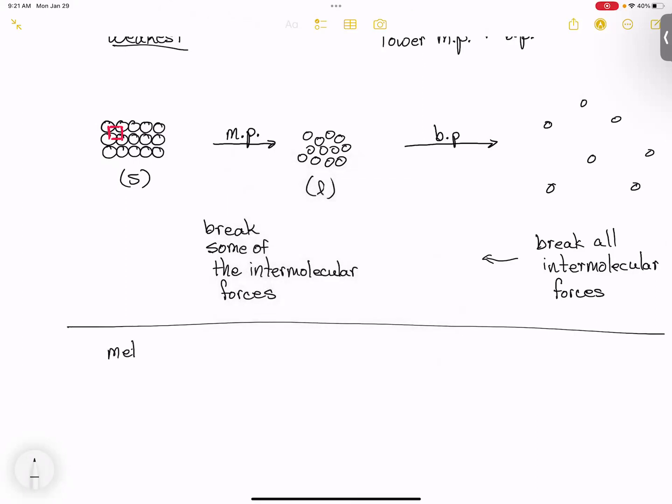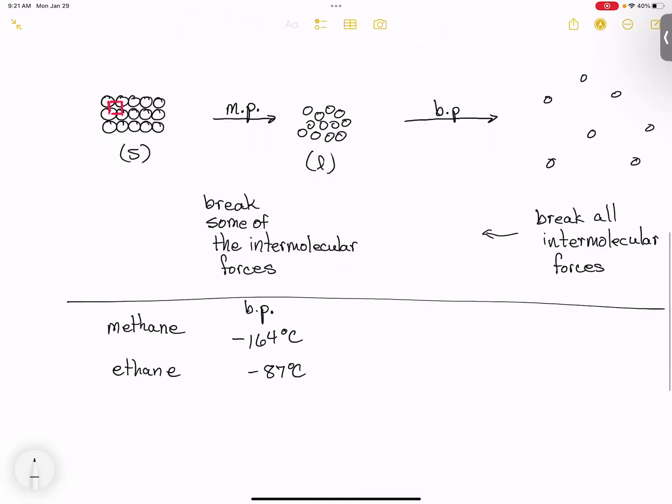Methane has a boiling point of negative 164 degrees Celsius. Ethane has a boiling point of negative 87 degrees Celsius.